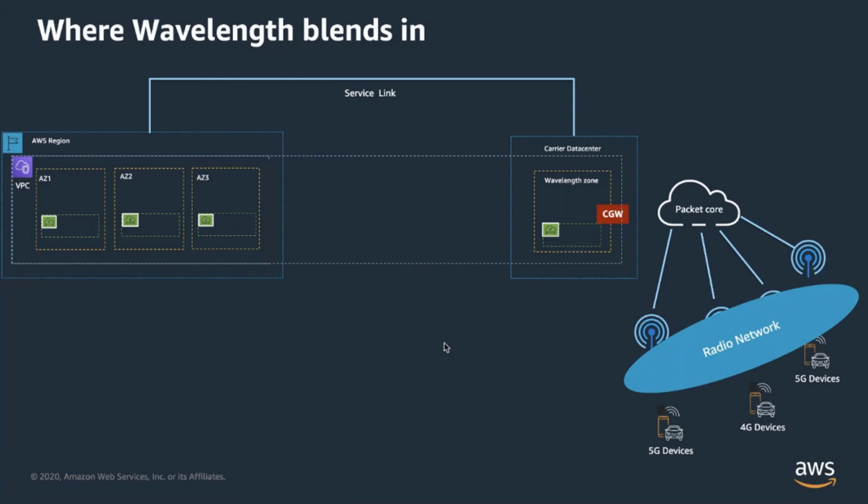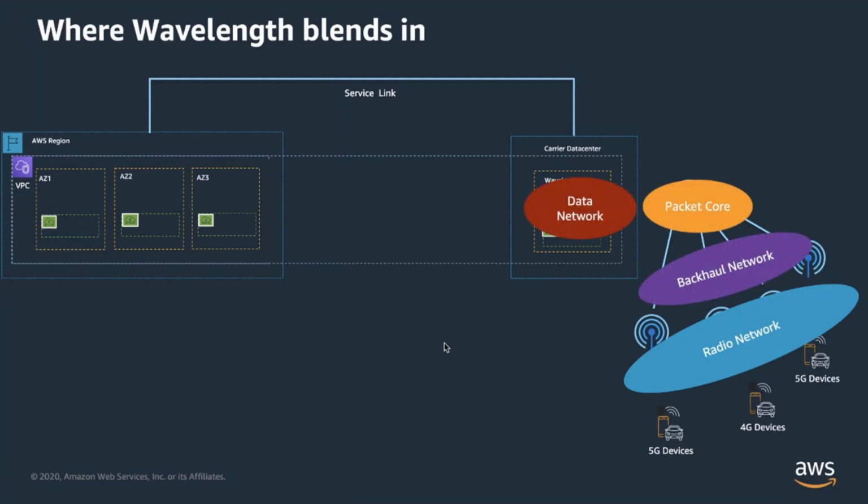So now, if you overlay the 5G network, it is basically the radio network, backhaul, packet core, and then the data network. So we co-locate our Wavelength Zone right where the mobile packet core is, so that the packet doesn't have to exit the carrier network before it can land on an application, an EC2 application or a container application, which is running inside the Wavelength Zone for that customer.